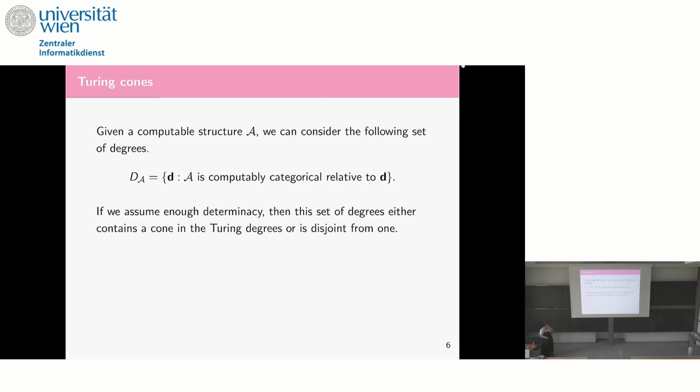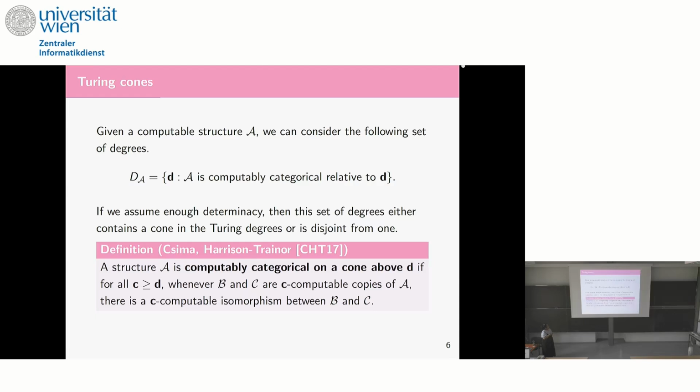So in this way, I want to start looking at being CC relative to degrees as something like a cone. I'll continue so that I can better describe what I mean by this imagery.